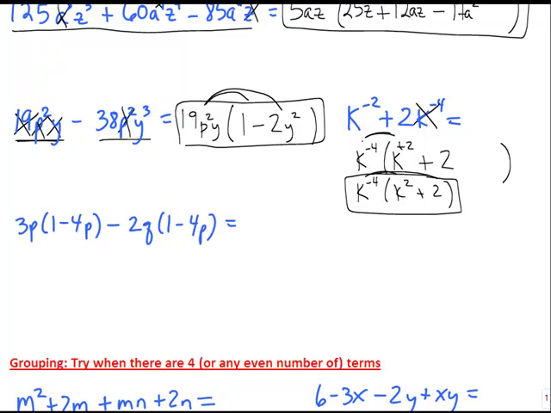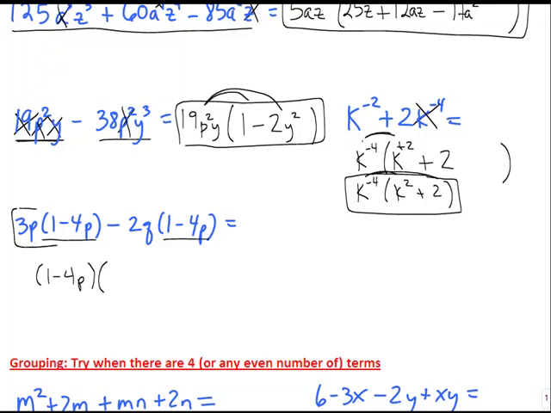Now the next example looks quite a bit different than the ones we've done so far because we have these parentheses in the problem. But if you notice, this problem is kind of special because what's in the parentheses happens to be exactly the same for both of these terms. So we're going to treat this stuff in parentheses just like a GCF, a greatest common factor. So I am going to pull out the quantity 1 minus 4p, and in parentheses we're going to write what's left over.